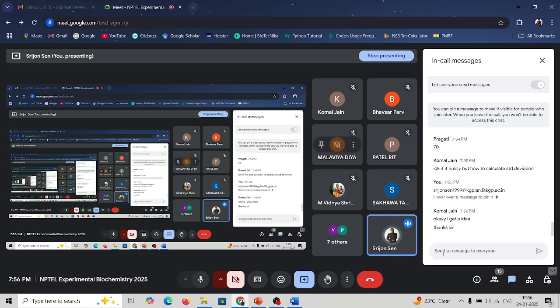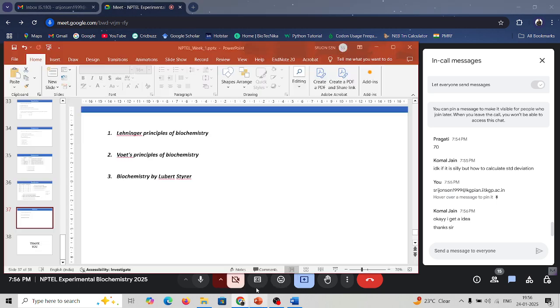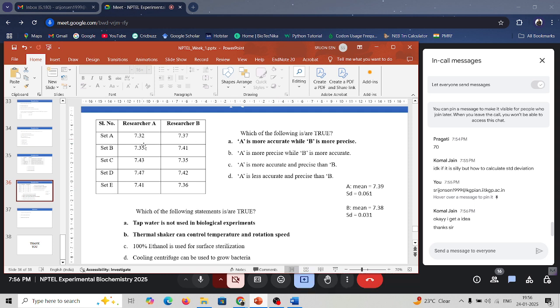Yes, so first you find the mean. It's as simple as that. Then there is the number of points. For example, you have 5 points over here, and the mean is 7.39. For each of these you have to subtract the mean.